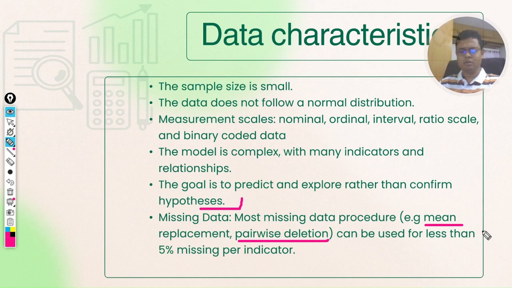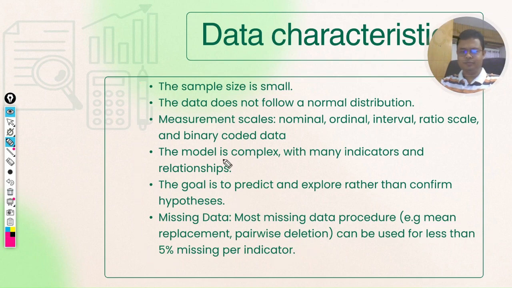So don't worry if you use SmartPLS, as long as the missing value is less than 5%. You can just define it and it will not impact your result or predictive relevance or predictive coefficient. That is why, as the second reason, because of these data characteristics, we use SmartPLS, right?